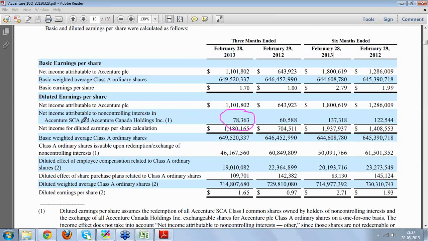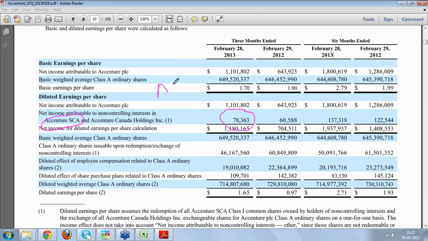Why is this happening? This is happening because of the shareholders agreement between Accenture SCA and Accenture PLC. Accenture PLC is the parent company, Accenture SCA is the subsidiary. Accenture SCA is nothing but the company which used to operate before incorporation of Accenture PLC. When Accenture PLC was incorporated, some of the partners from Accenture SCA decided not to be part of Accenture PLC.